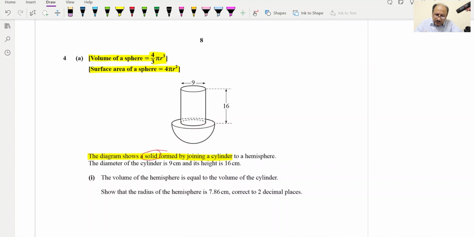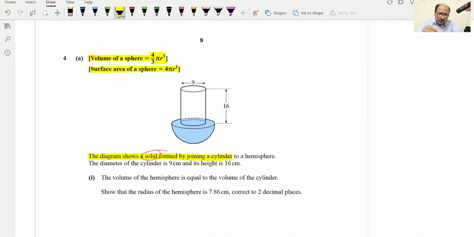If we check the lower sphere, which is the hemisphere, this hemisphere is solid, so it has a top also. So if we circle this top also, this will be a hemisphere with top.